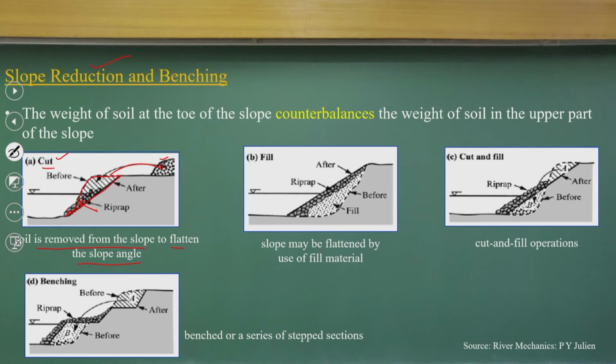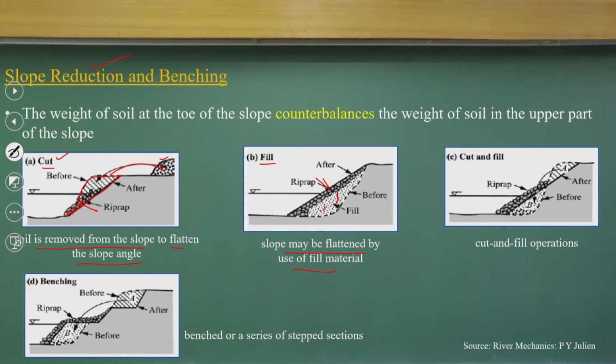In the same way you can reduce the slope of the bank: flattening of the slope, and use of fill materials. We are filling these materials, and on top of that we have a stone riprap.